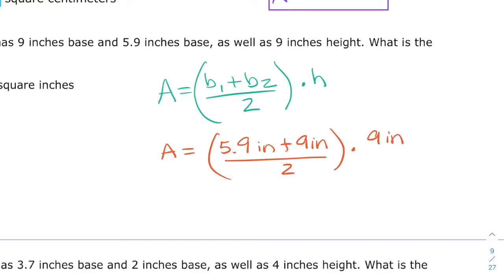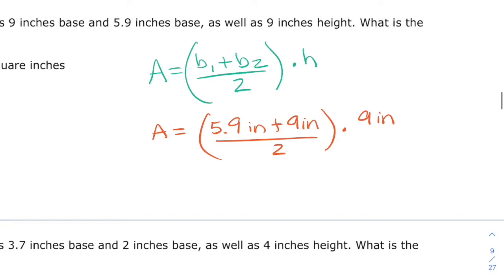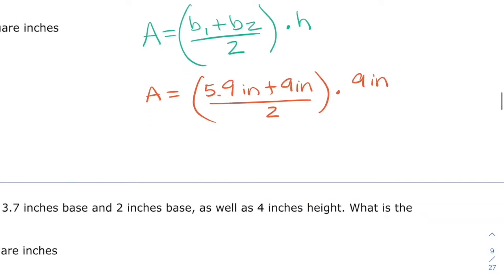Now be careful, when you do this in your calculator, you have to make sure your order of operations are correct. You have to do 5.9 plus 9, okay? So 5.9 plus 9 is 14.9 divided by 2.